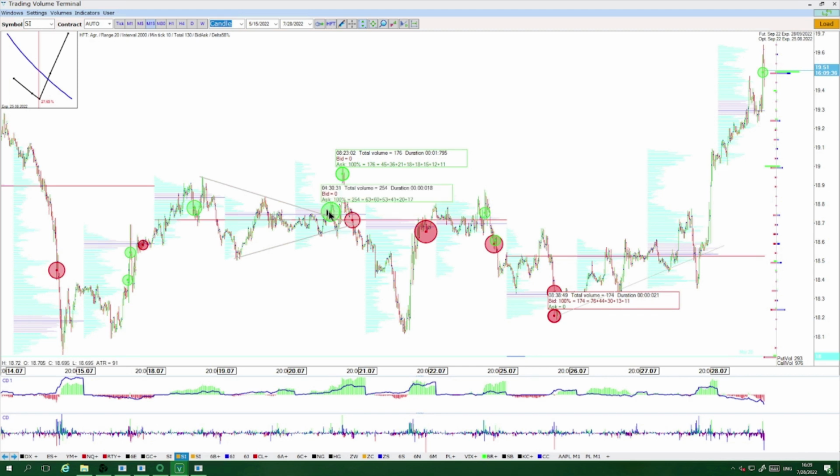Here, after the breakout of this structure, and the second one, it is involvement, and in addition to this, it hunts stops which were set above this high. And of course, after such interesting stop loss hunting and involvement, if the price doesn't go higher and starts to reverse, we need to use this opportunity to open short positions.